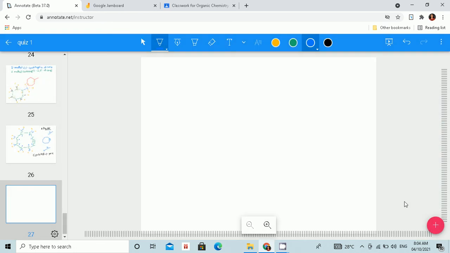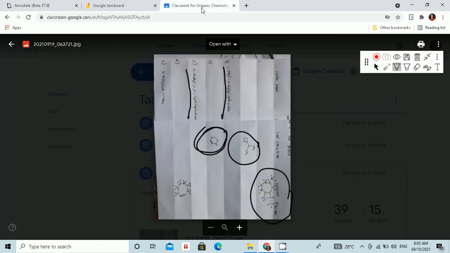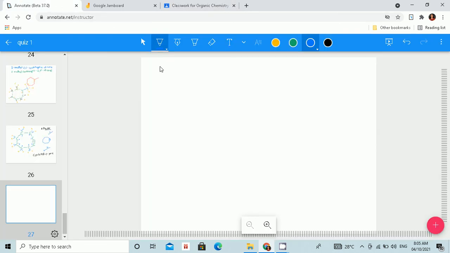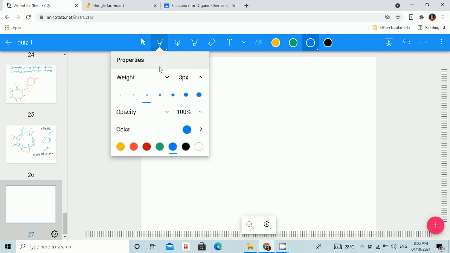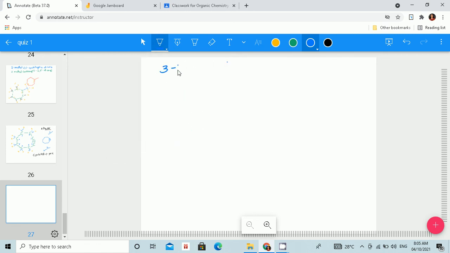All right. So number 7, we are given this one, 3-methyl pent 1-ine. Okay, I'll write that one here.